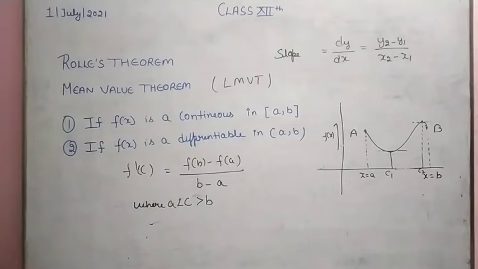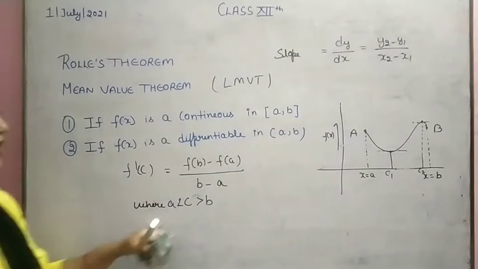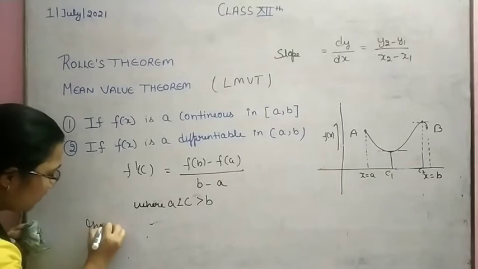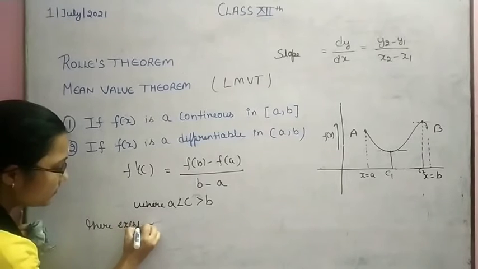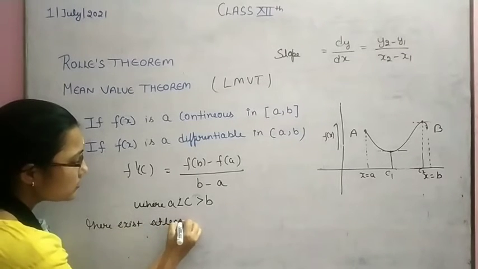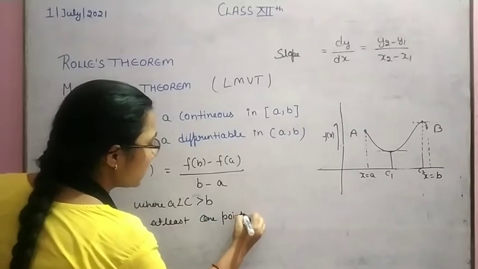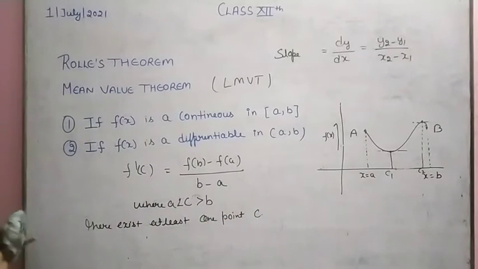The condition is the same as Rolle's theorem. C lies between a and b, and there exists at least one point C where the slope of the function is equal to 0.